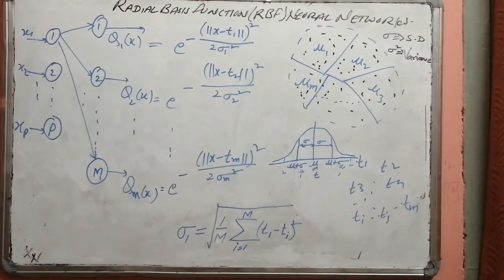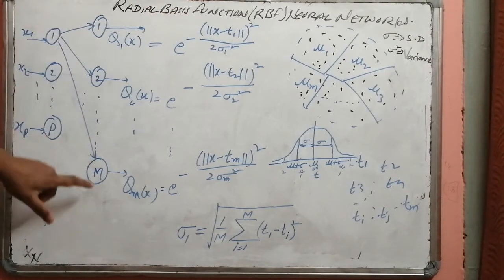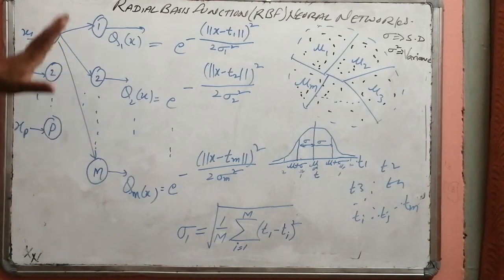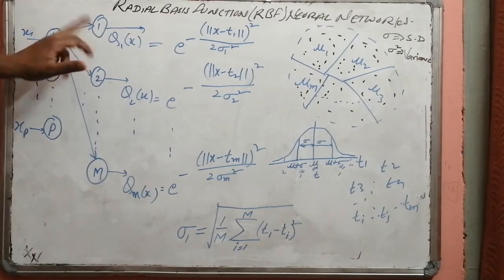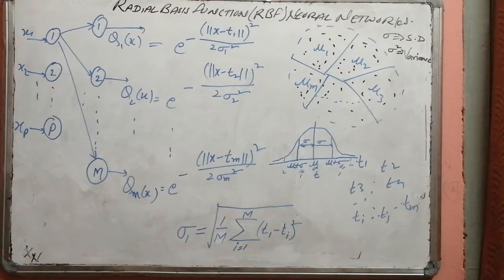So till now, this is our neural network that was based upon radial basis function. This was your input layer. This is your radial basis function layer, and corresponding to this, we just try to find out their receptors.